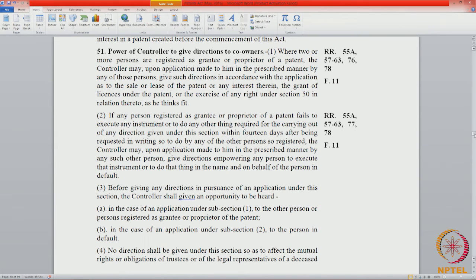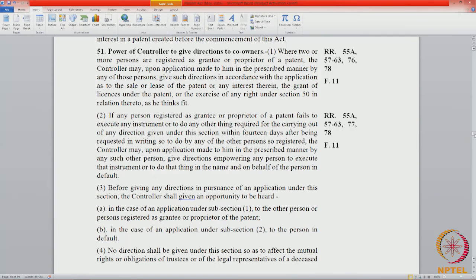If B and C refuse to execute it within the time given, the controller may, upon application made in the prescribed manner, that is Form 11, give directions empowering any person to execute that instrument or to do that thing in the name or on behalf of the person in default. Now, the controller can give a direction saying that because B and C are not cooperating, A may execute the agreement on their behalf.